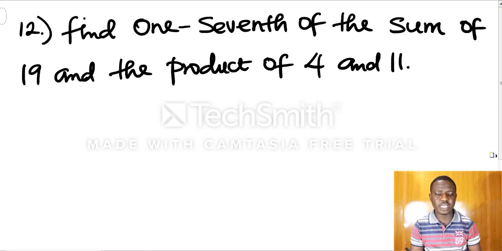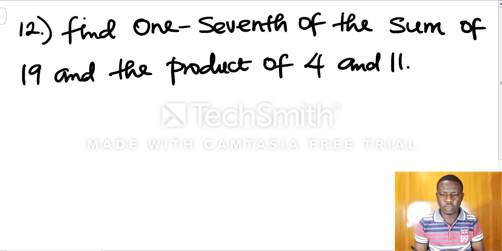Question 12 says we should find 1/7 of the sum of 19 and the product of 4 and 11.